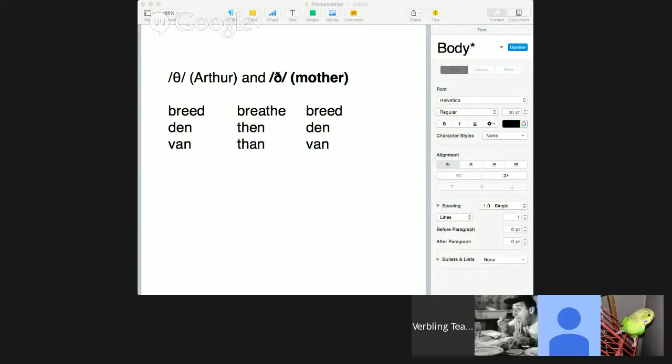Okay, what I'm going to do is just take this off for a second. So there's a lot of different sounds in English that contrast because one is voiced and one is not voiced. All it means is if something is voiced, you have to use your voice, right? And if something is non-voiced, you just use your mouth, and no voice comes.